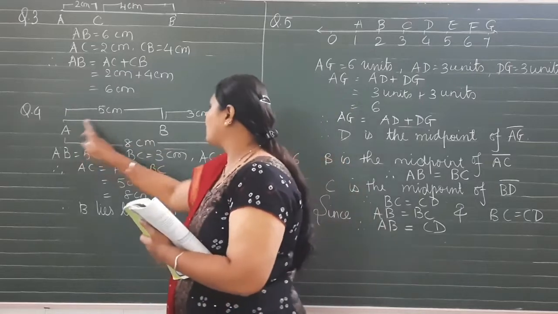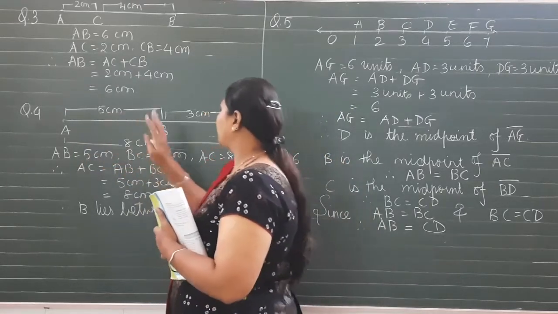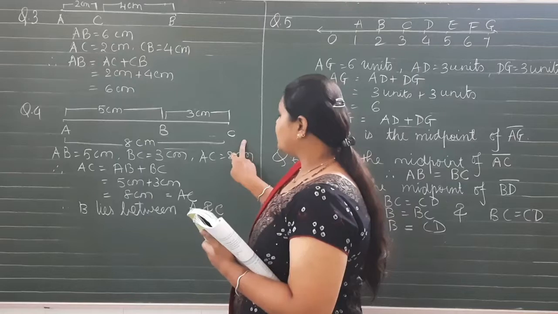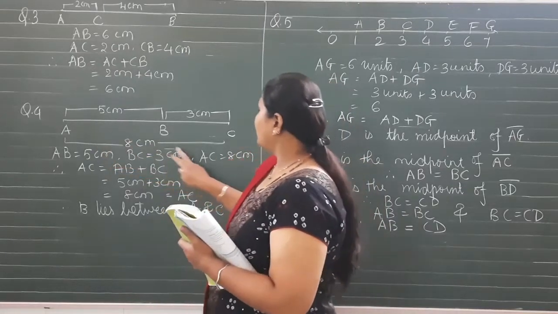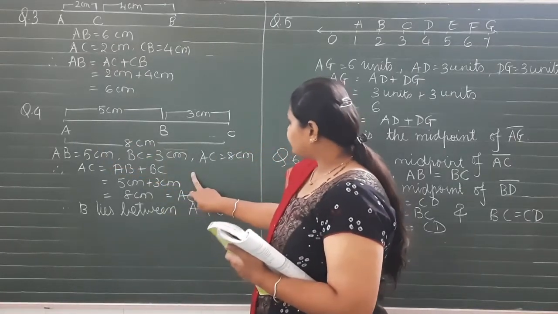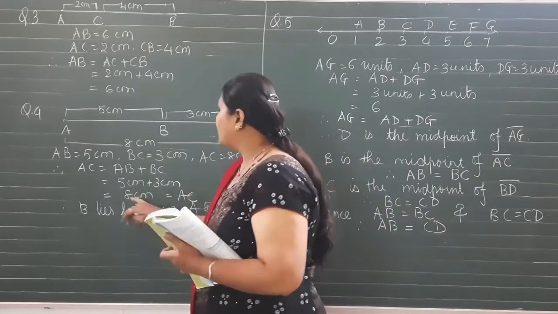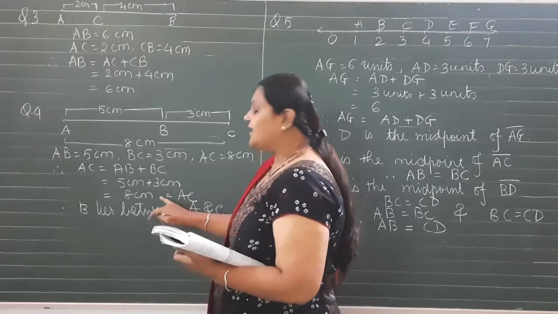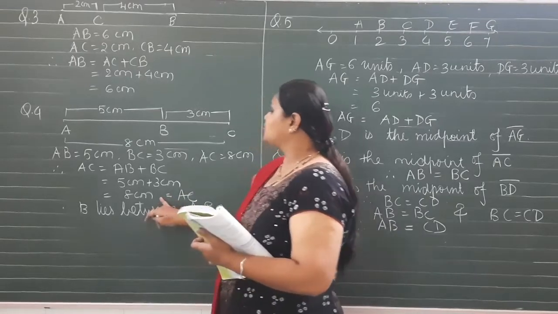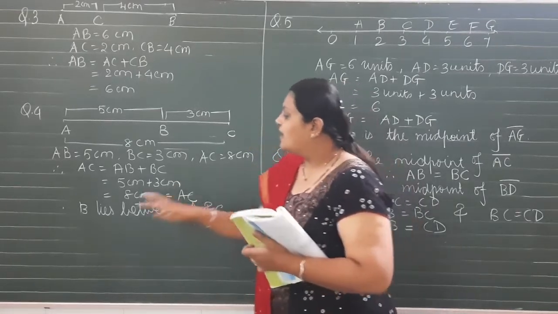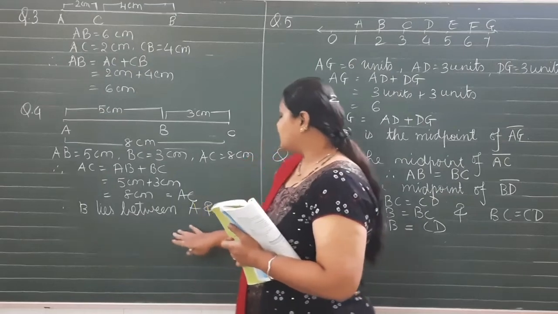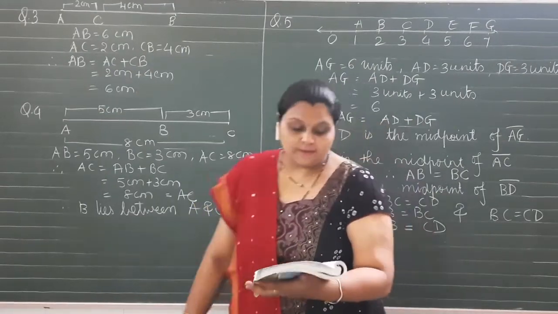So very first we will draw AB. It's 5 cm, then BC is 3 cm. So AB plus BC will be AC, that is 5 plus 3, 8 cm. Now 5 cm plus 3 cm, 8 cm, which is as same as AC. Therefore we can say B lies between A and C.